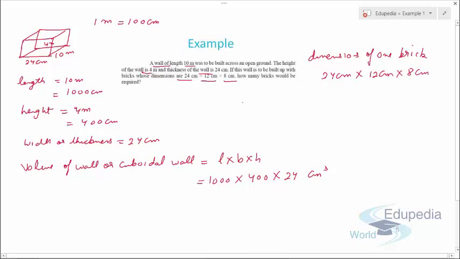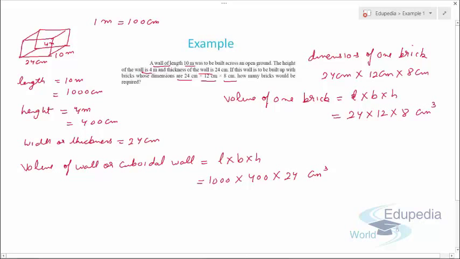Then this means we can find volume of one brick. So this will be equal to length into breadth into height. So this will be 24 times 12 times 8 centimeter cube, right?